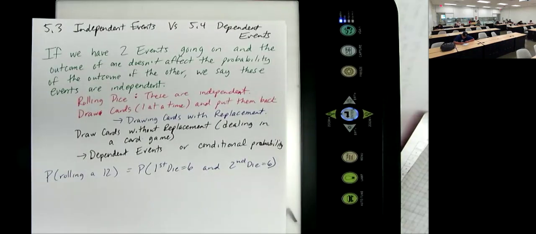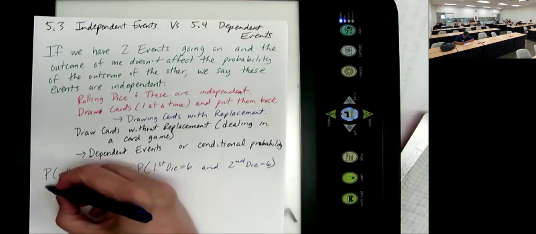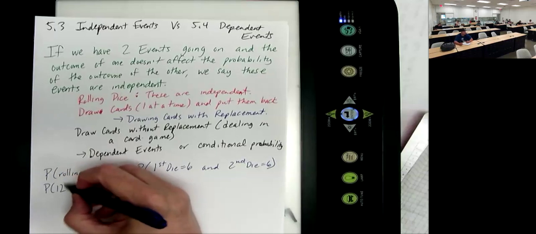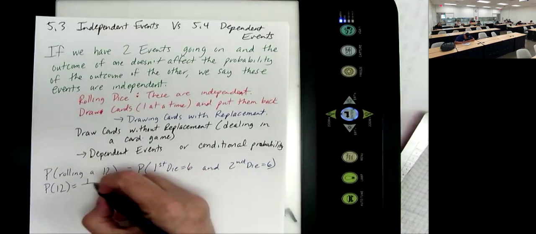There's no other way to get a 12 with two dice. So the probability of a 12 is 1 out of 36.